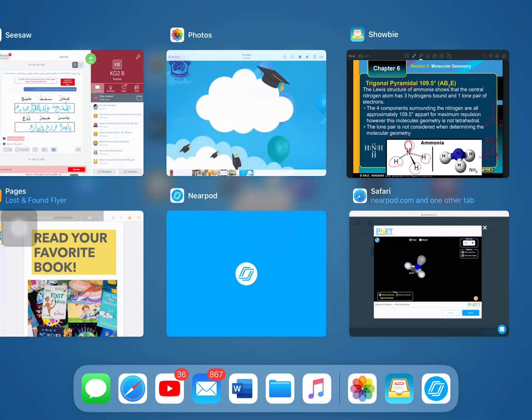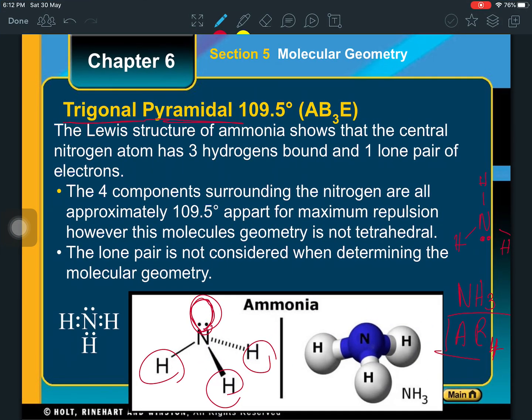This is because, as you can see, it is shaped like a triangle and it's a pyramid. So if I was going to say that something was a square pyramid, it would have a base of a square and it would be in the shape of a pyramid. A trigonal pyramid has a base of a triangle and it is shaped like a pyramid, which means that it's upwards.